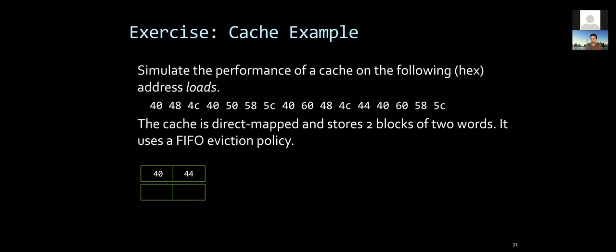So question by question, Sam's question: how do you keep track of which data is first in, first out? That's a very good question. That's how you keep the metadata. Just right now, assume you know how to keep it. It's actually very simple. You just pick recency bits, and when something new is coming, you just update it.